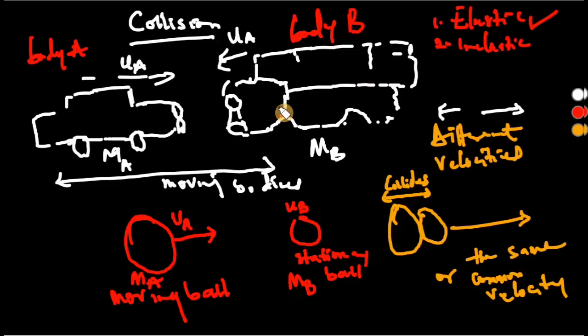In elastic collision, as we shall see, both the momentum and kinetic energy are conserved. So we notice conservation of momentum before and after collision, and conservation of kinetic energy before and after collision for a perfectly elastic collision. Another example of this elastic collision is collision of billiard balls and collision of molecules and atoms.